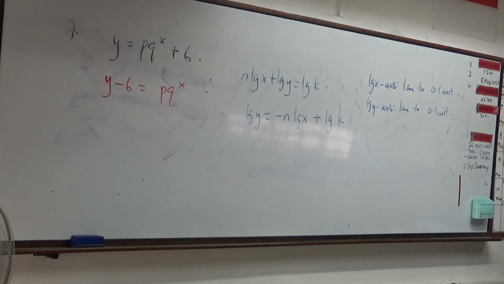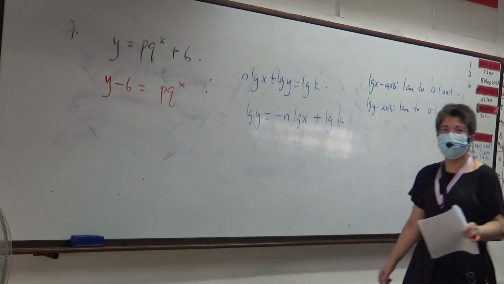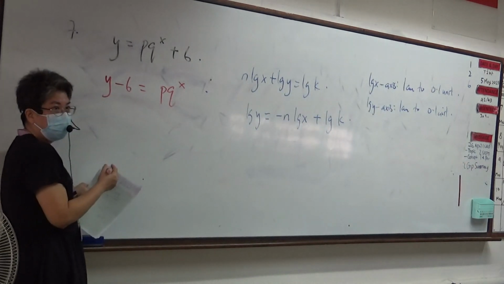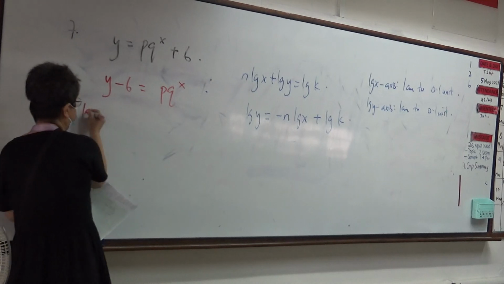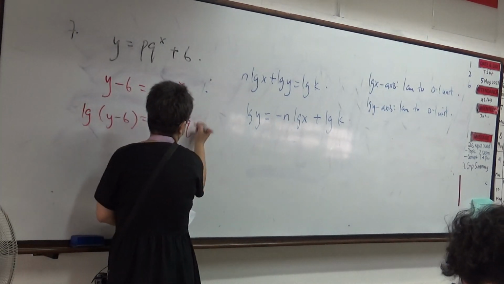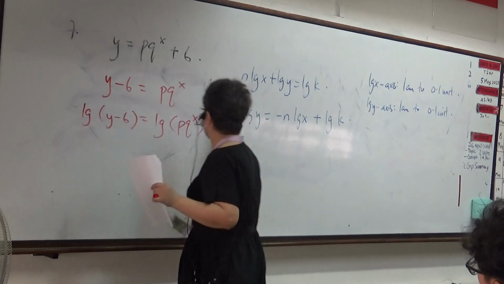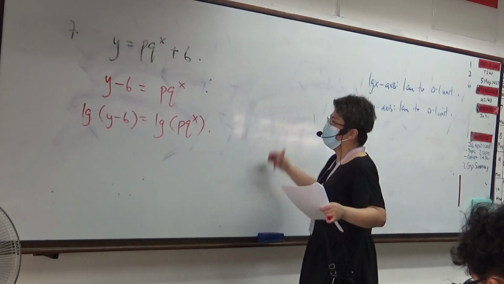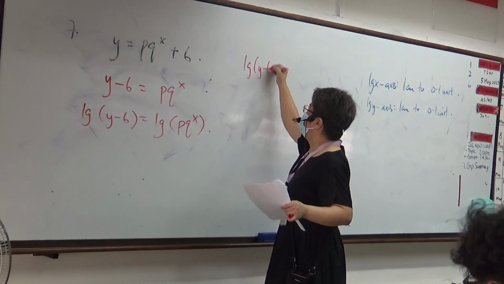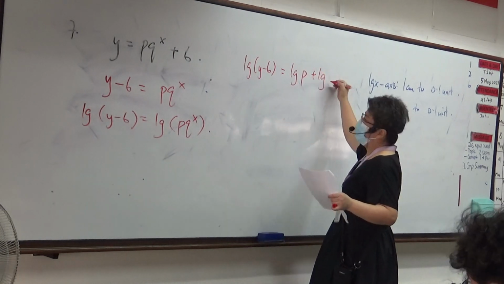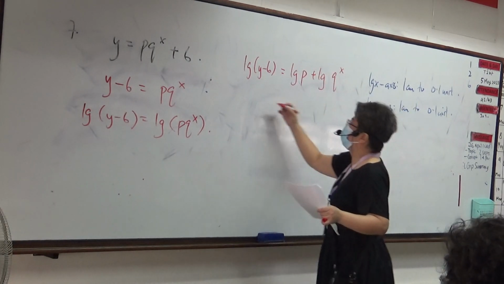Yes or no? What do you think I want to do now? Take what? Log. So I will have log (y minus 6) equals log p plus x log q.